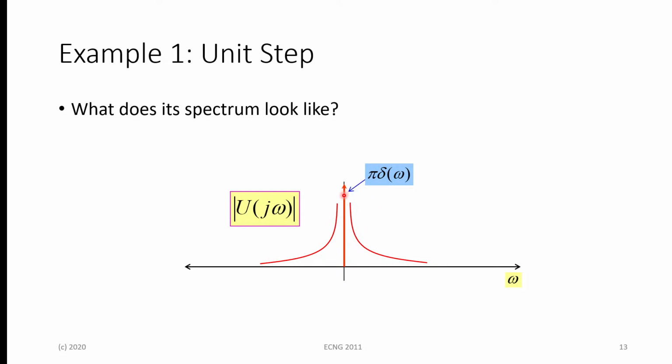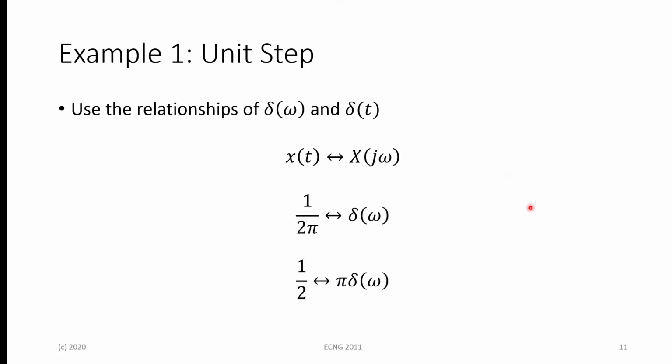And then we have our DC value here giving us pi delta omega, which also contributes to our asymptote values. The pi delta omega represents the Fourier transform of a DC value of a half in the time domain.